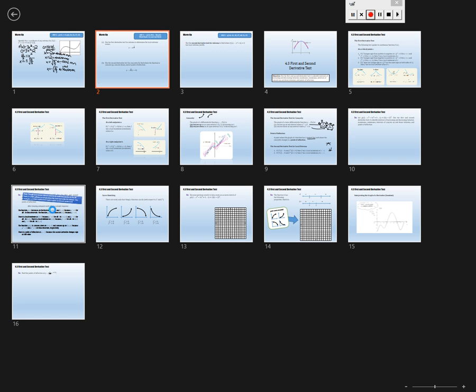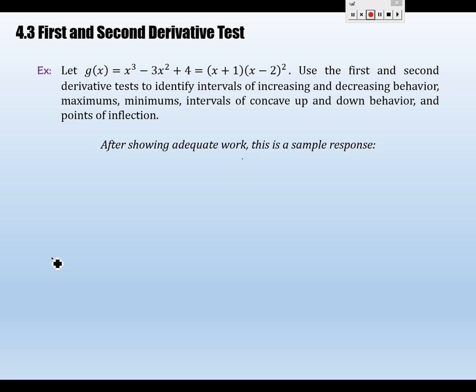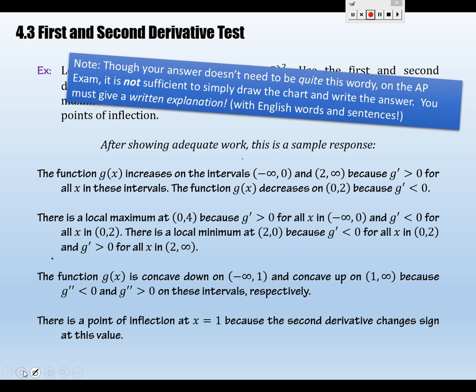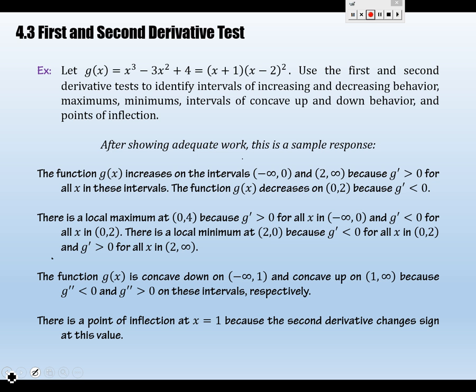Right here. We were talking about how to do this. I think we did this over on the board. We determined where this function right here, this cubic, was increasing and decreasing, mins, maxes, concave up, concave down, points of inflection. And hopefully this was the easy example of that.